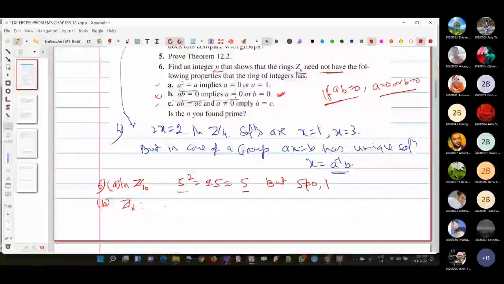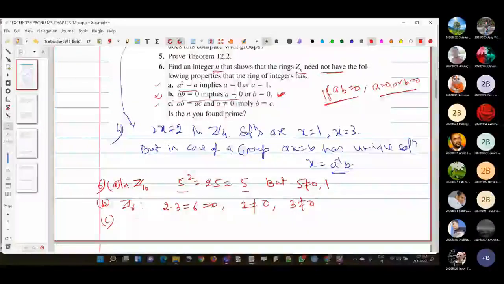We have discussed Z6. 2 times 3 is 6, and this is 0, but neither of them is 0. 2 is not 0, and 3 is also not 0.